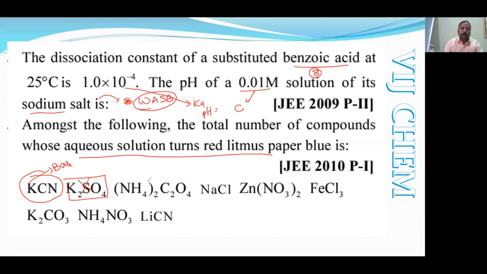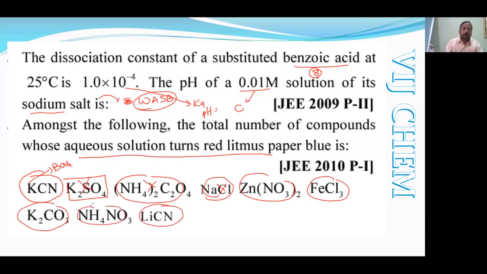Like that, you should see. Weak acid and weak base cannot be. Zinc nitrate cannot be. FeCl3 cannot be. Only the base must be strong. So this is a base, and in the same way LaCN is a base. So the answer will be 1, 2, 3.